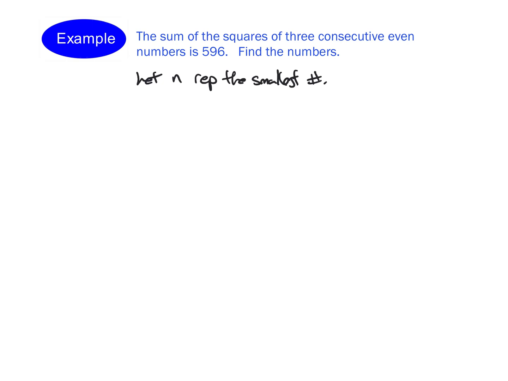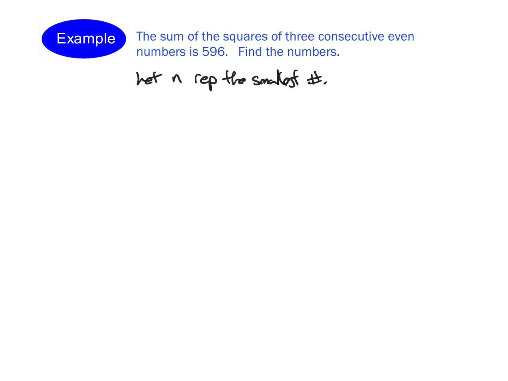Now, there's a variation of this question. Sometimes it'll be three consecutive numbers. Sometimes it'll be three consecutive even numbers. Sometimes it'll be three consecutive odd numbers. This variation is three consecutive even numbers. How do you go from one even number to the next even number?